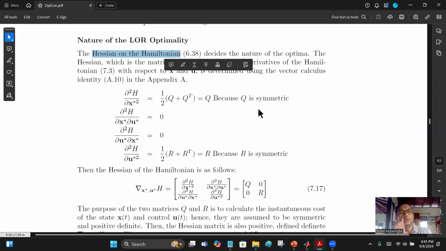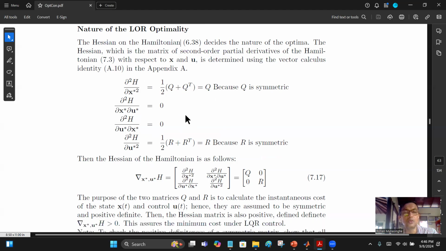So what you do is you get the second derivative of the Hamiltonian with respect to x, and you get this one: half of Q plus Q transpose, which equals Q, since Q is symmetric.